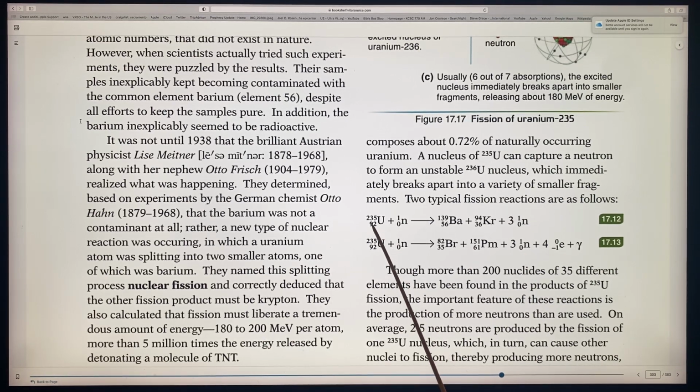Here's uranium-235 with 92 protons. That's the positive. Then we have the neutron. A neutron with a 0 charge hits it, and it turns into barium-139 over 56.